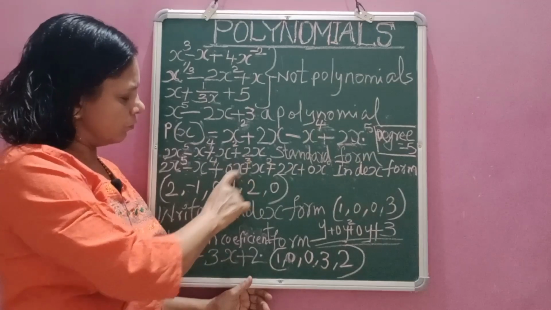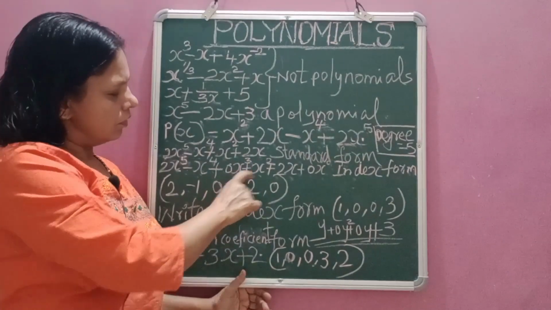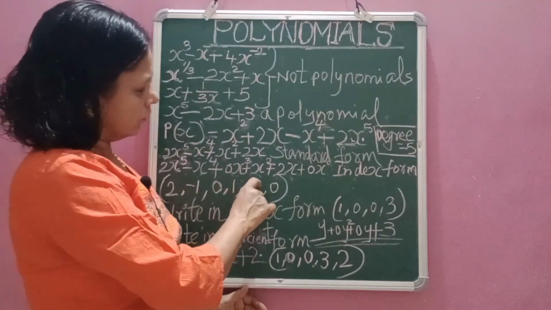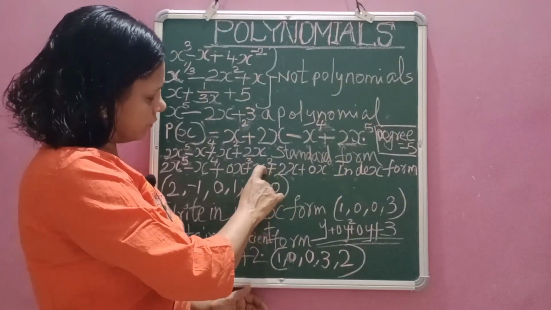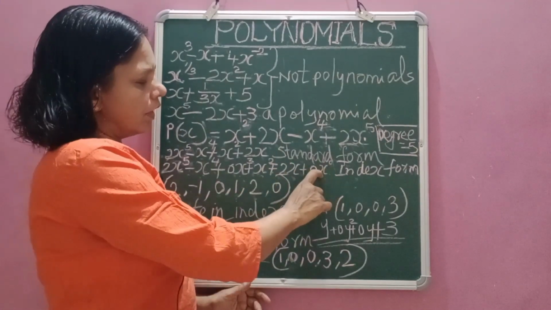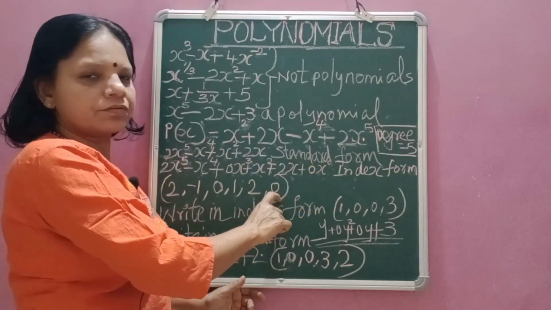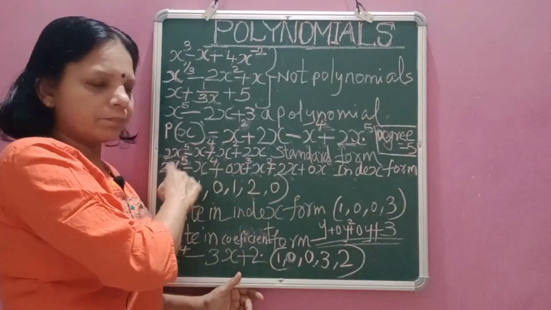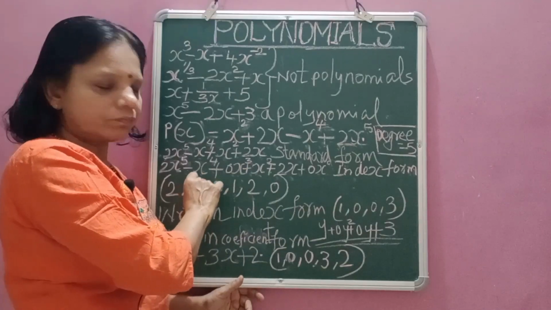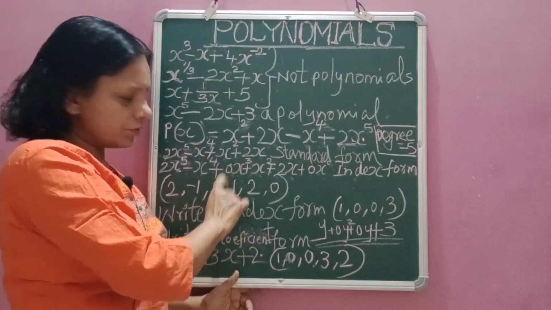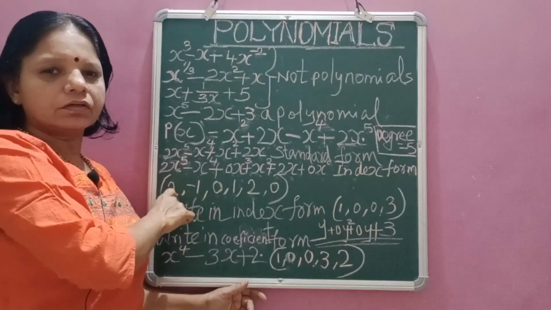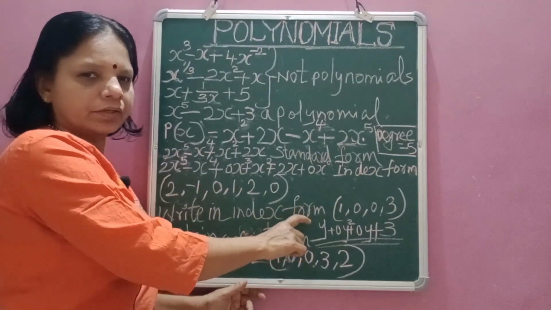Here 0x cube, coefficient is 0. x square coefficient is 1. 2x coefficient is 2. And x raised to 0 coefficient is 0. In this way, in brackets, write all the coefficients in order. This form is called coefficient form. Only coefficients we are showing.